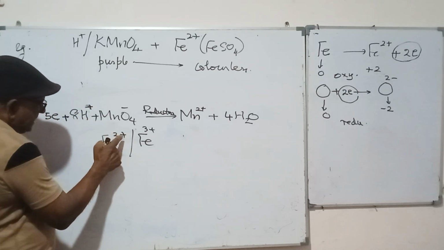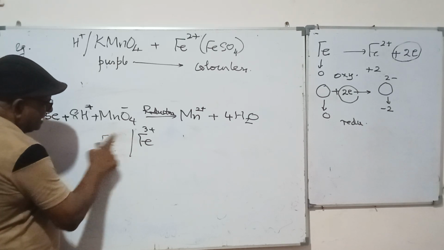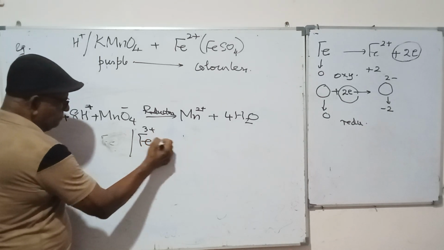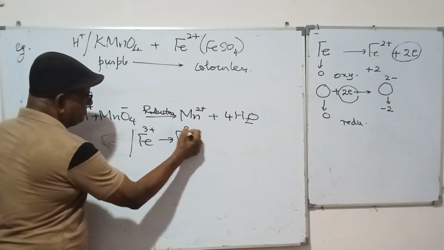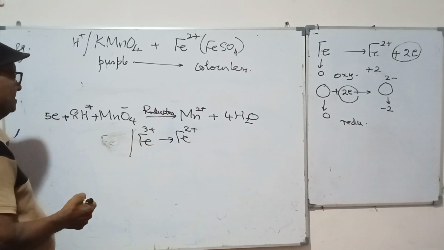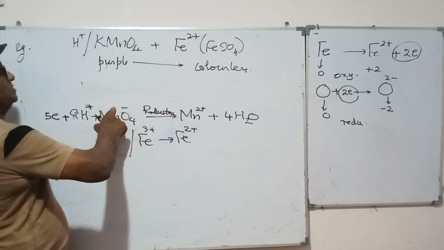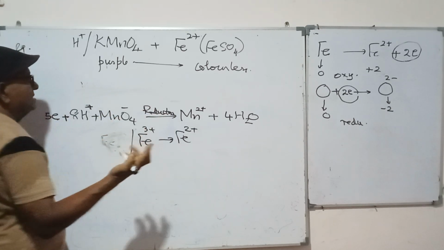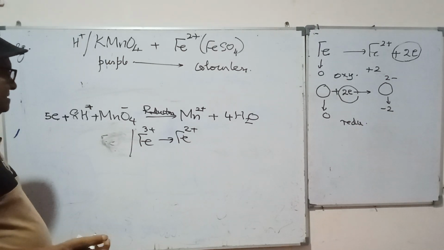If we take only Fe3 plus, it also should be converted to Fe2 plus, because iron has 3 plus and 2 plus. The MnO4 also should be reduced, and Fe3 plus also should be reduced, so it is unable.